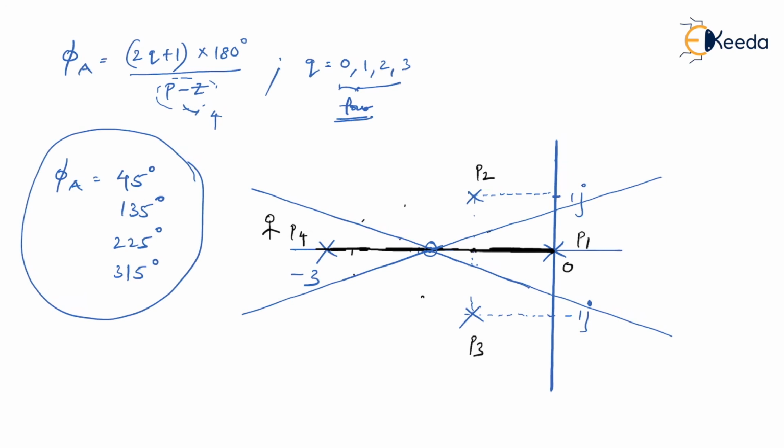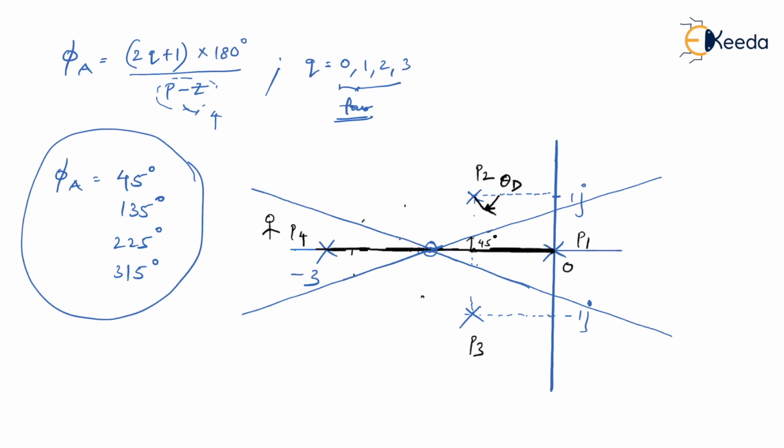But who is going to guide pole 2 to go towards infinity? Obviously, the first angle, that is 45 degree, if you remember. So this pole 2 is definitely going to depart at a specific angle, and that specific angle is what we called theta d. That theta d is nothing but angle of departure, and I'm sure you remember how to calculate angle of departure.